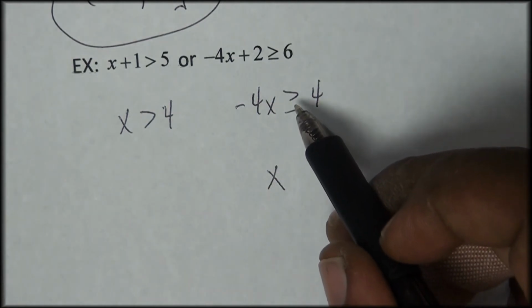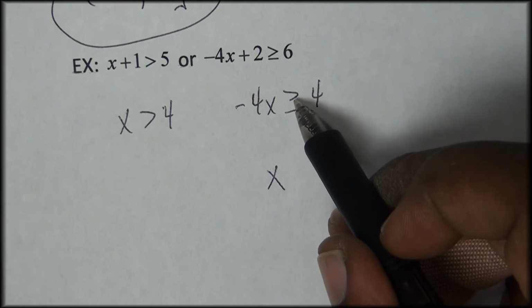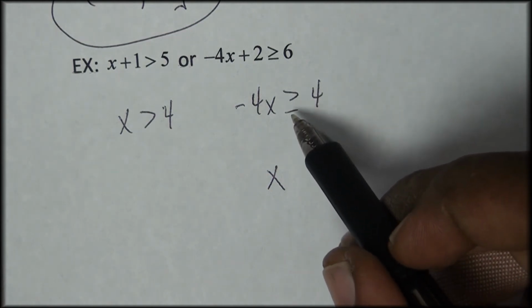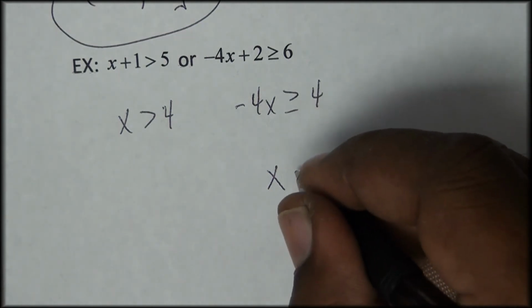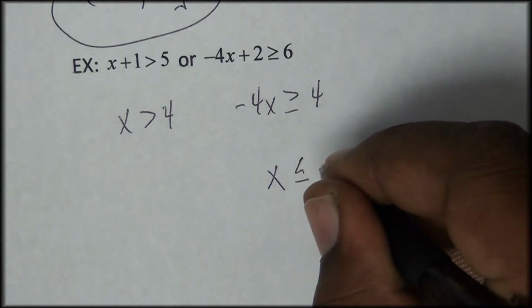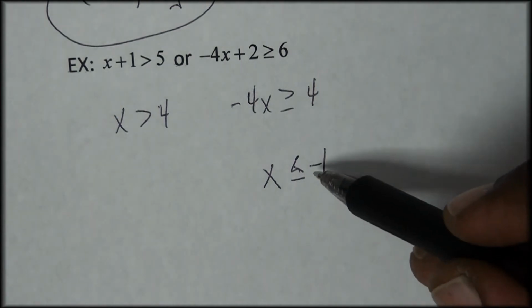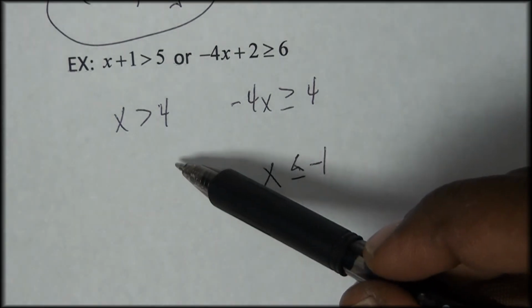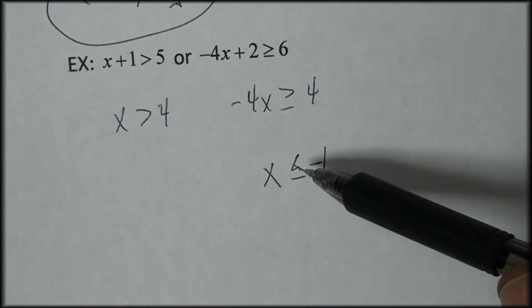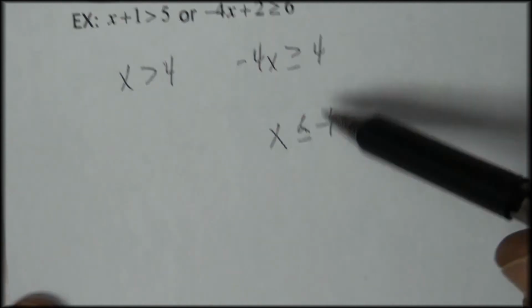You want to remember that when dealing with inequalities, whenever you multiply or divide by a negative, you must reverse your inequality. So we have our two inequalities, x is greater than 4 and x is less than or equal to negative 1.